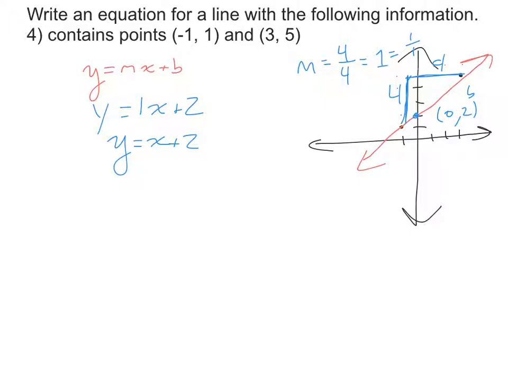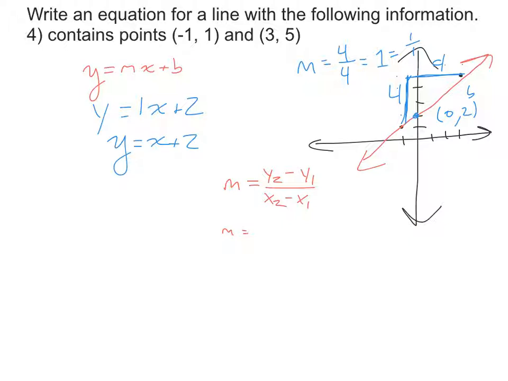So let's look at the more algebraic way to do this, wherein first thing we need, still doing y equals mx plus b, we need both the m and the b, the slope and the y-intercept. So the easiest thing to do when we have 2 points is to find the slope. So I know the slope formula, that's our y2 minus y1 over x2 minus x1.